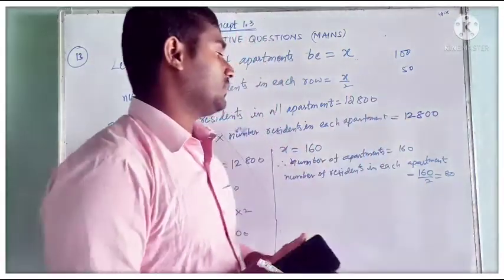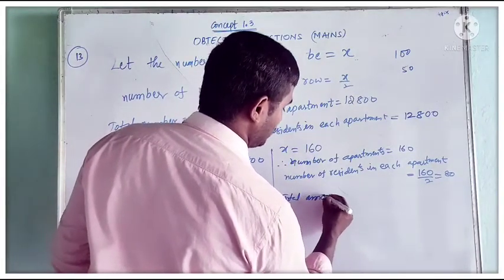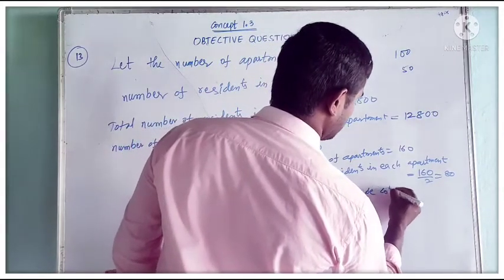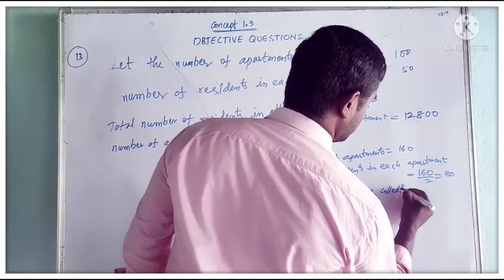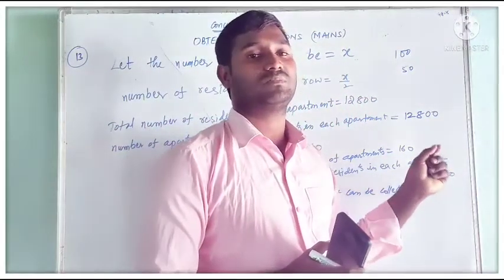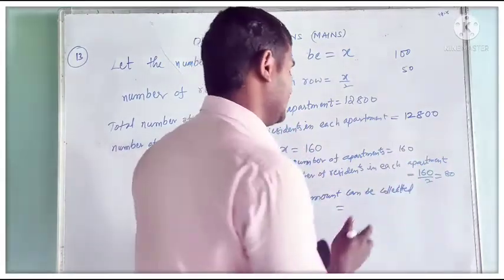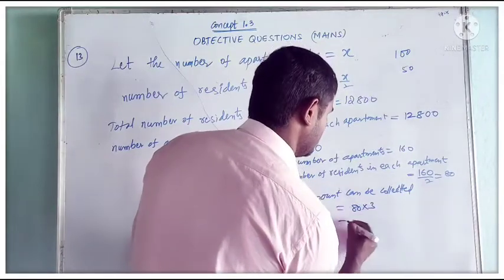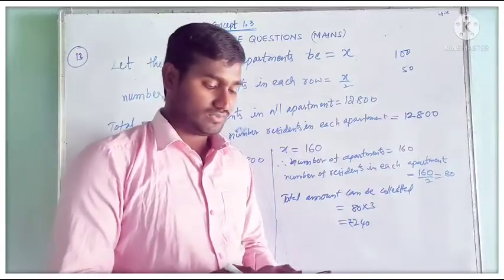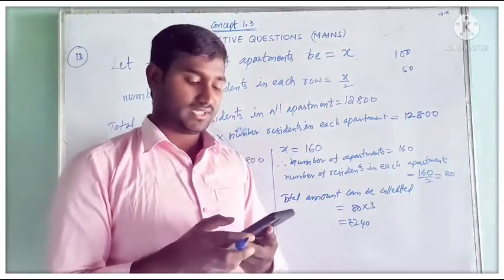So the total amount collected is 80 into 3, that is 240 rupees. Which is the correct option? Option 2 is the correct option.